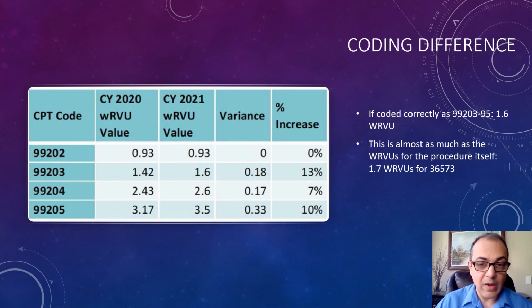By that, you achieved 1.6 work RVUs, which is almost as much as the work RVUs for the PICC line procedure itself. The PICC line procedure is coded at 1.7 work RVUs, and it's almost the same as the visit that you did to prepare the patient and to alleviate the concerns. And that visit was consequential.